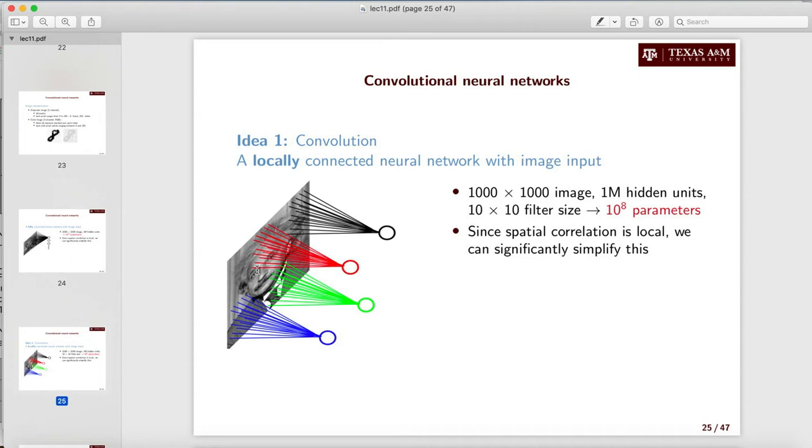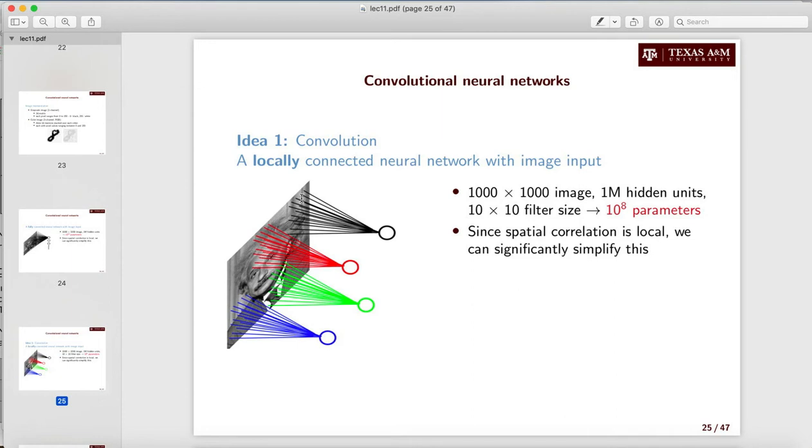So instead of finding associations between components within an image that are far away, let's say this pixel on the left and this pixel in the upper right, we are only trying to look at operations that are local, within pixels that are neighbors within an image.